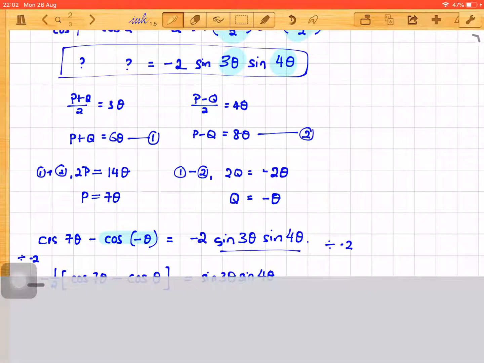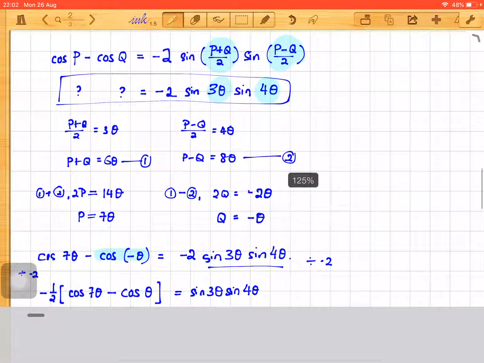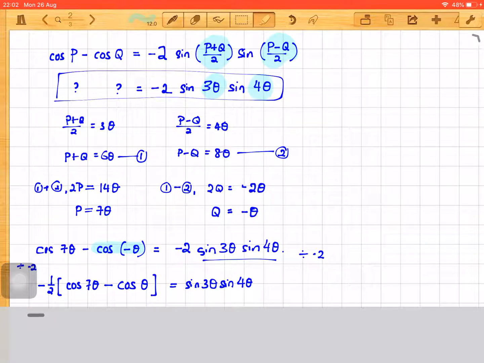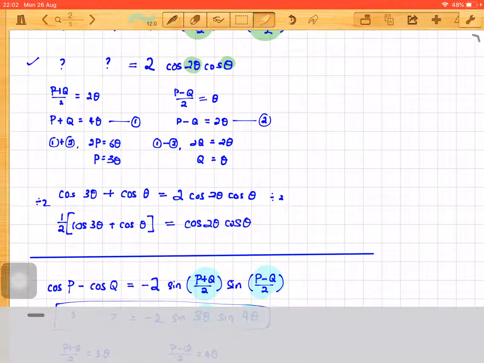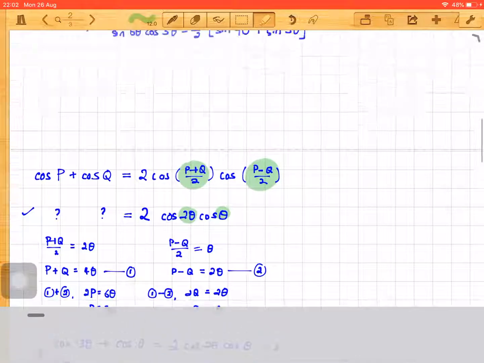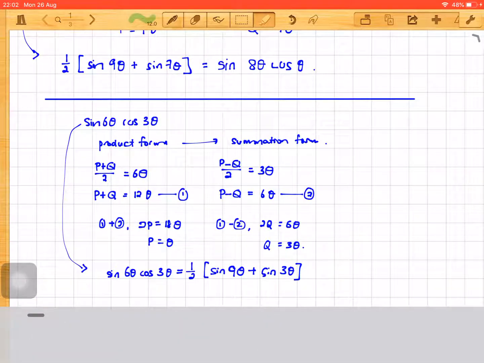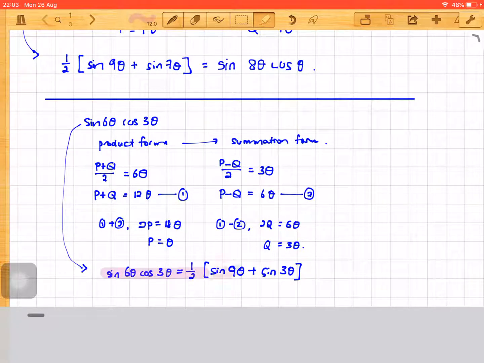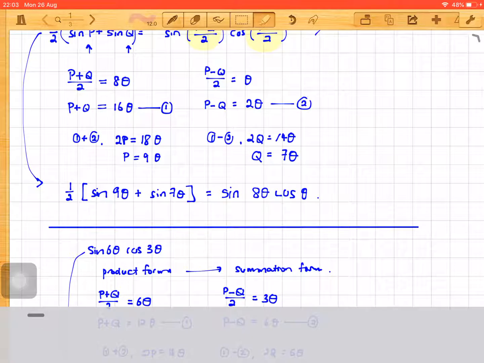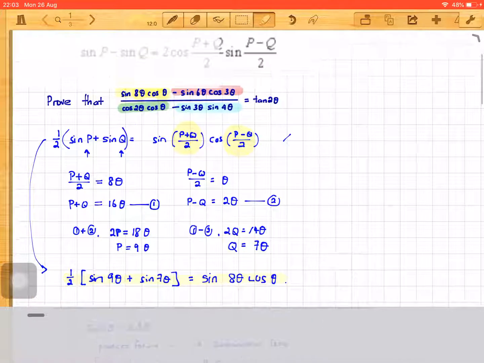So in total, we have already found 4 equations. 1, 2, 3, and 4 from here.